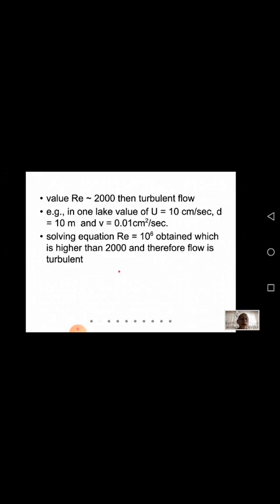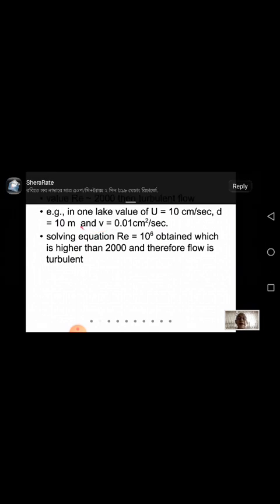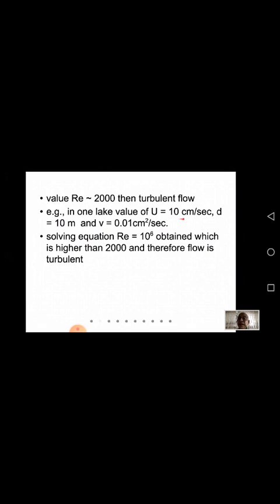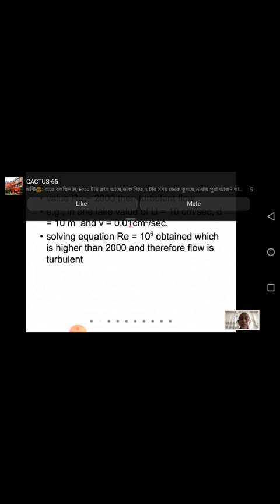If the value of the Reynolds number is greater than approximately 2000, then the flow is turbulent. As an example, in one case the value of U equals 10 centimeters per second, D equals a meter, and V equals 1 square centimeter per second.